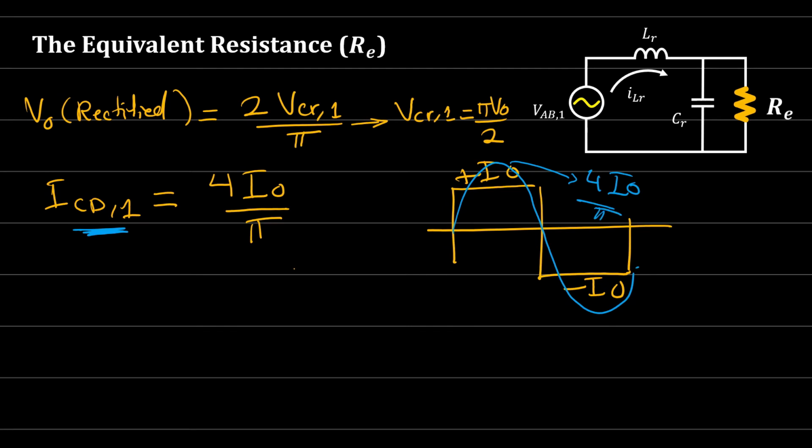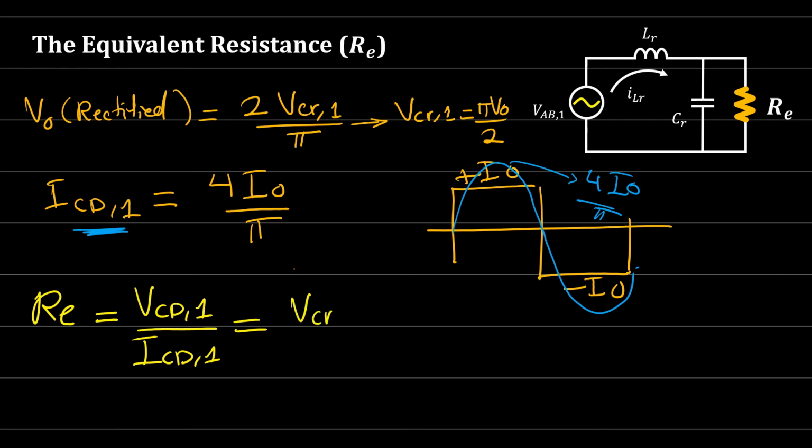Now simply we can say that the equivalent resistance R_e is equal to how much? V_CD over I_CD, first harmonic, okay? And this is V_CD over I_CD, first harmonic.